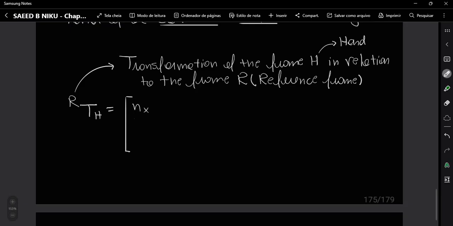So right, we have nx, ny, nz, 0, ox, oy, oz, 0, ax, ay, az, 0, and right here the components for each axis on the coordinate system for this Cartesian coordinate system.